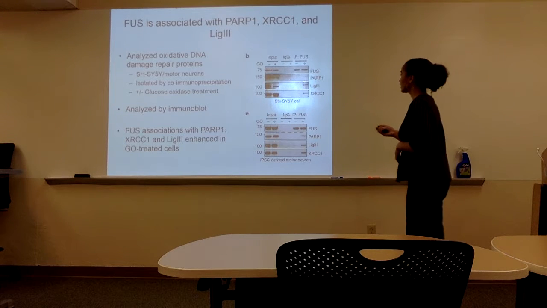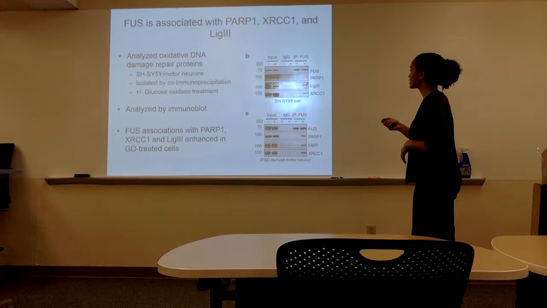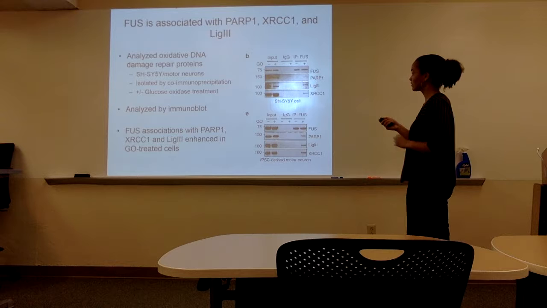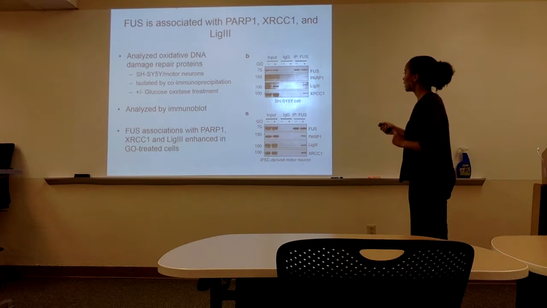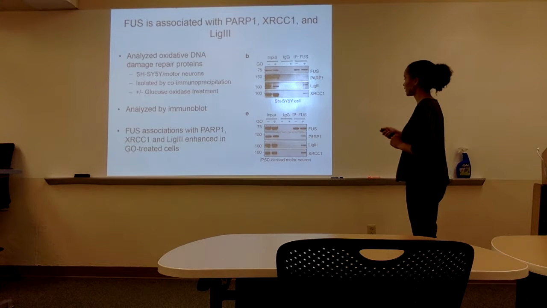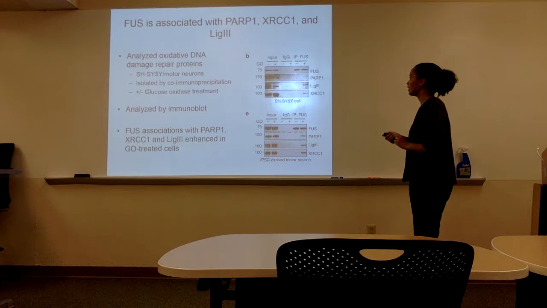So looking over here, this shows whether or not there was treatment of glucose oxidase. If we go over here under the minus, only the FUS is present. You can see that PARP1, LIG3, and XRCC1 are not.